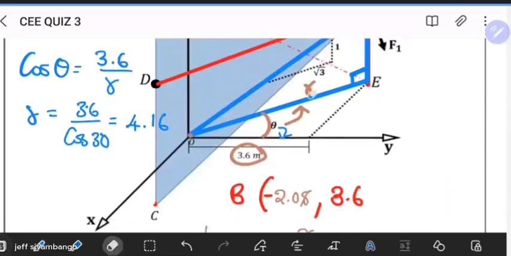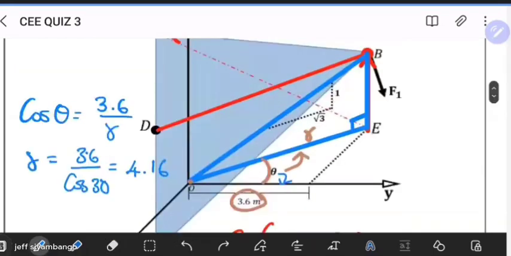What we're actually finding here is the bottom one down here. After finding it, look at what the triangle in blue gives us.